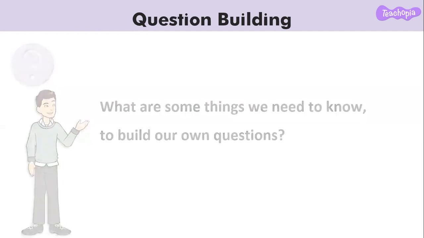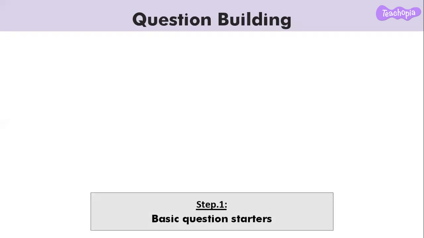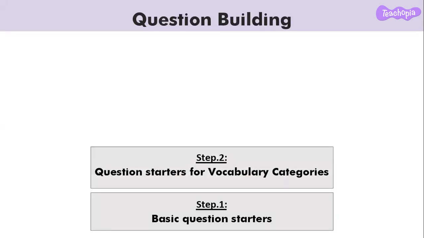what are some of the things that we need to know to build our own questions. So there are three steps while building a question. So first step is the basic question starters. These are the question starters that we would need to build our questions. As a second step, we need question starters for vocabulary categories.